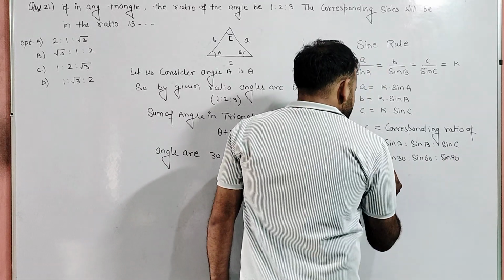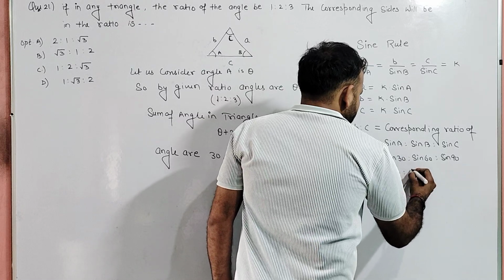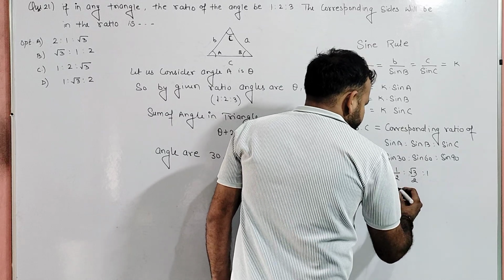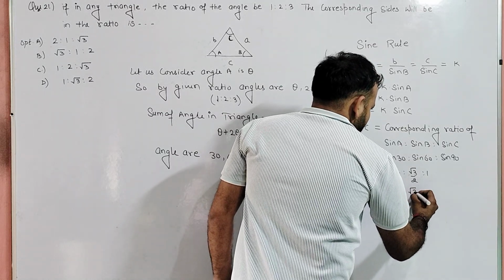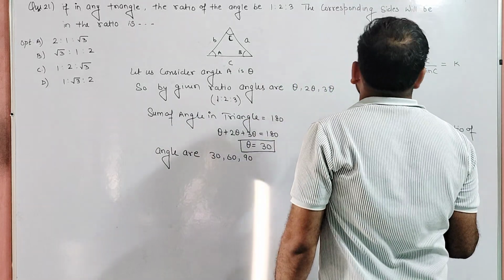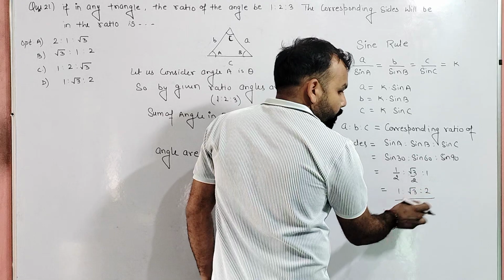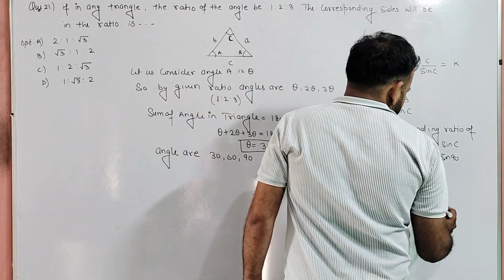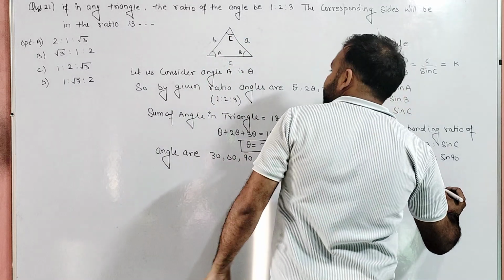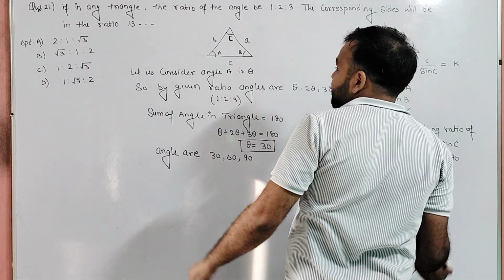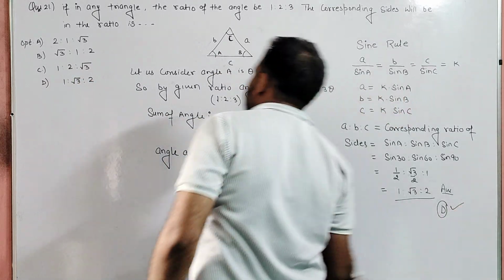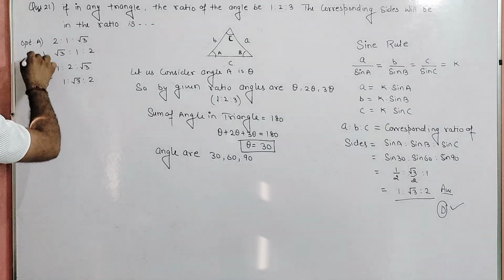You can see students, sin 30 is 1 by 2, sin 60 is root 3 by 2 and sin 90 is 1. By multiplying throughout by 2 we got 1, root 3 and 2. So this is our 1 ratio root 3 ratio 2. This is the ratio of corresponding sides with respect to the corresponding angles A, B and C. So student, this is our final answer, 1 ratio root 3 ratio 2. Our final answer D is correct and the remaining options are incorrect.